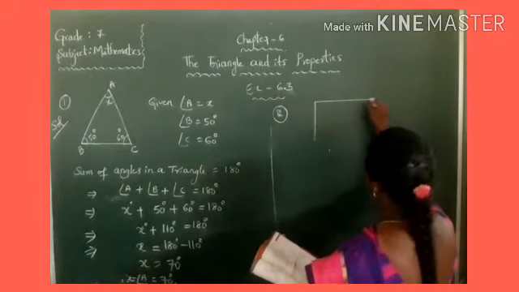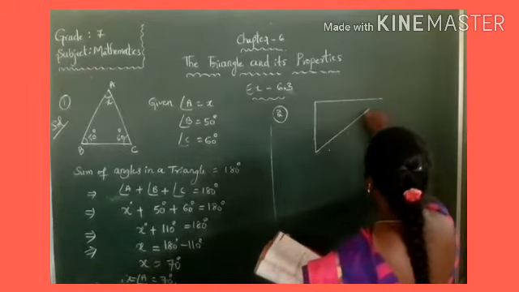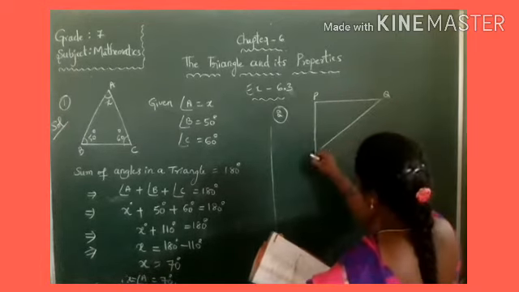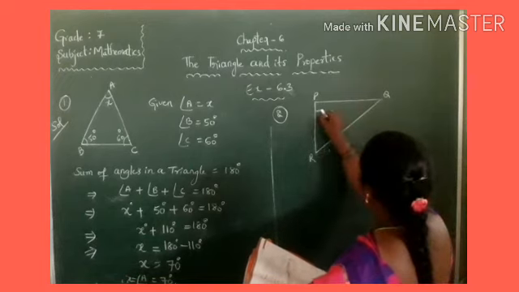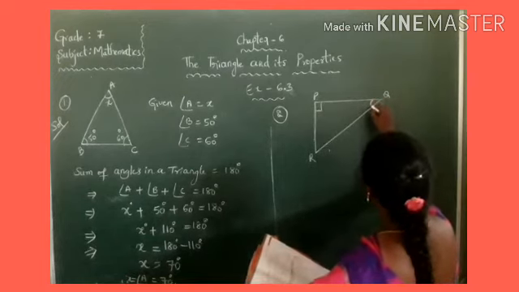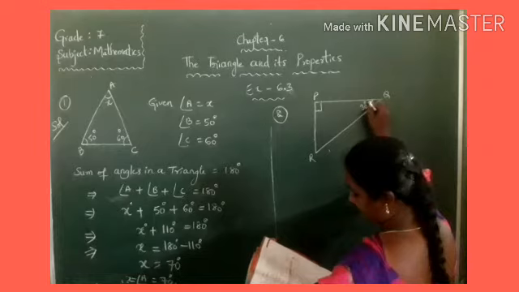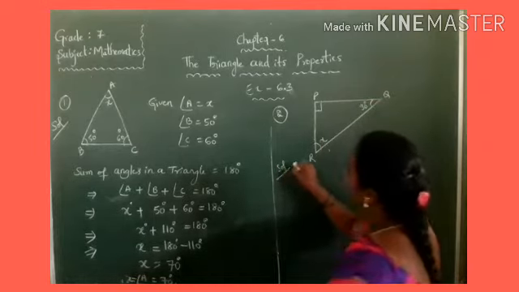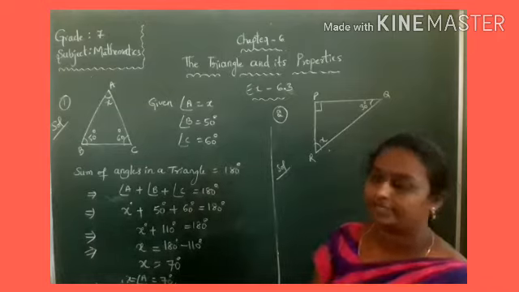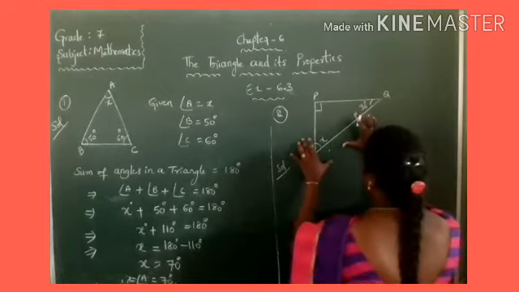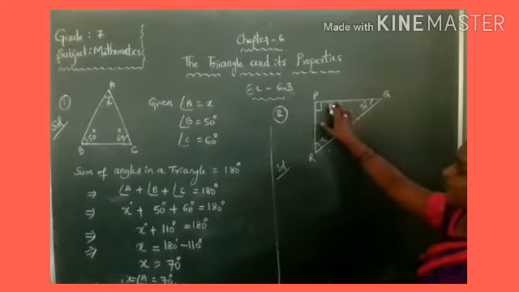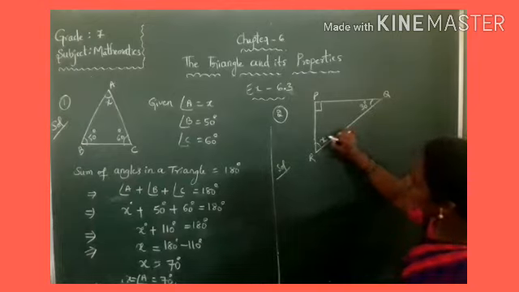Draw the second figure, P, Q, R. Here angle Q is 30 degrees, and angle R is x. Now we have to find the solution of the second one. Observe this triangle. It has three angles, and one angle is unknown.